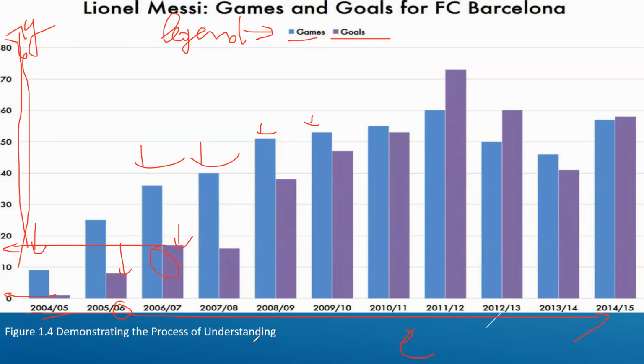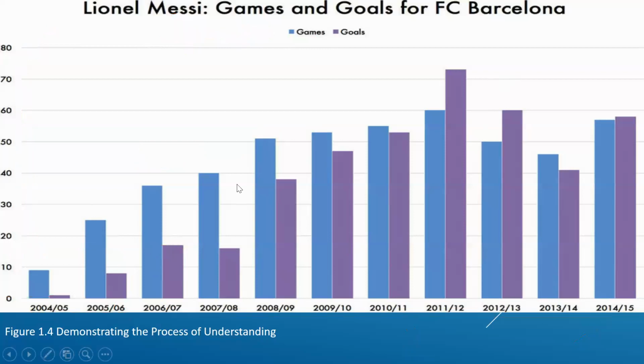So this is the way of understanding the representation of our data. This is how we know how this data is being represented in each and every chart. So this is mainly a simple example of the representation of the data, how we read it, and how we understand how this data is being held.